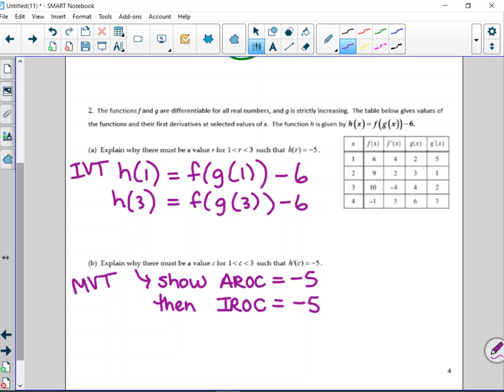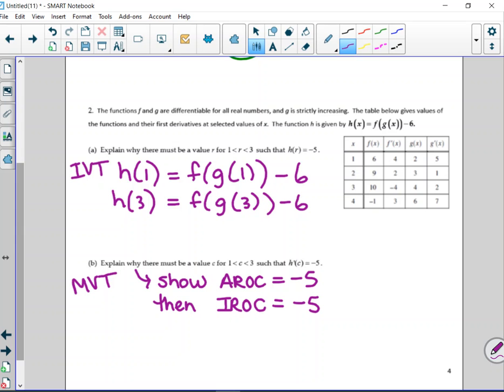The mean value theorem problem on this is actually a lot easier than the intermediate value theorem problem. But unfortunately, if you mess up the answers for h of 1 and h of 3, you're kind of doomed.